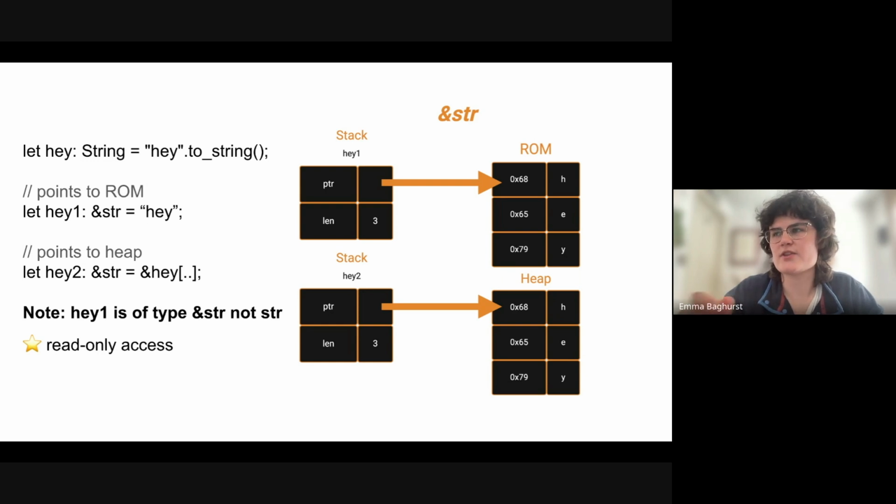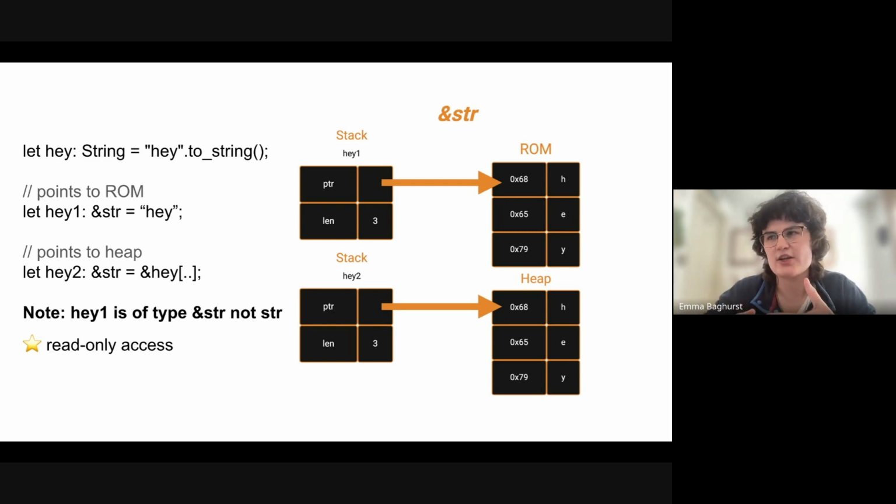You can see that on the top part of the right-hand diagram. You've got this pointer, hey1, and it's pointing to the read-only memory with the string literal in it. To confuse things further, I could say I've got a variable hey2. I can take a string slice of the original string hey above to create an &str, and what that creates is an &str, which consists of a pointer and the length that points to the data on the heap.